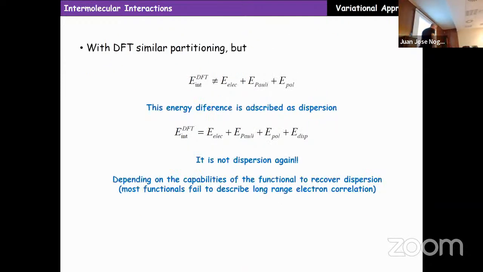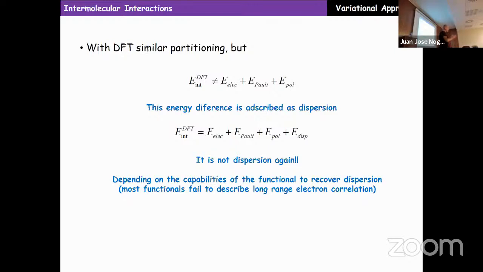What happens with DFT? Well, with DFT we don't have only electrostatic, Pauli and polarization of the previous step, because with DFT we are including short range and, in some cases, medium range electron correlation. In some DFT functionals, only short range electron correlation.